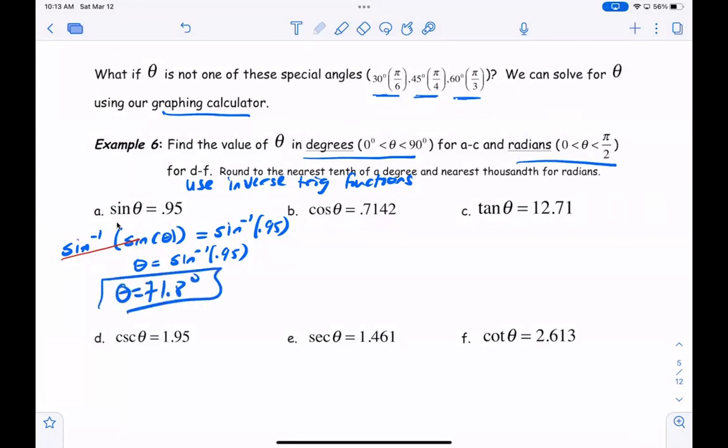In the next problem, we're told that cosine of theta is 0.7142. To undo cosine theta, we're going to use inverse cosine. So I'm going to take the inverse cosine of both sides. So inverse cosine of cosine theta is equal to inverse cosine of 0.7142, or cosine inverse, you could say it in either order.